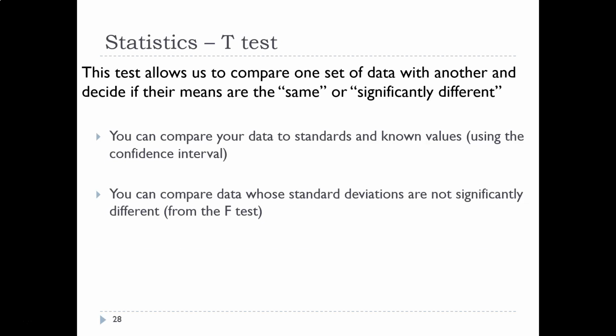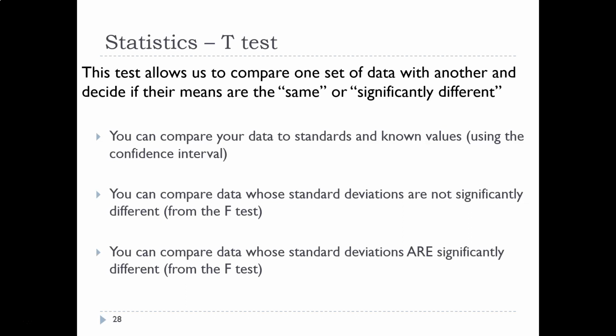There is a third way to do the t-test, which I'm going to mention, but we're not going to even practice. It's failed the F-test. So you've already used the F-test, and they are significantly different, but you're desperate because this is your last hope. There was still that 5% chance based on the confidence.